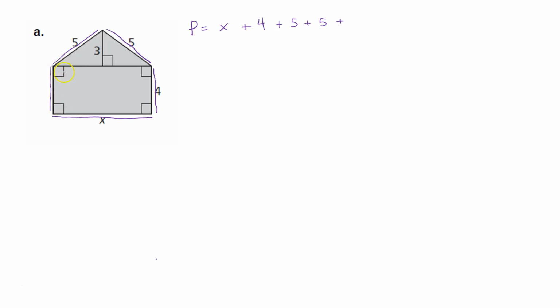But since we have 4 right angles here, we know that that's a rectangle, and rectangles have opposite sides that are the same length, or we call them congruent. So we know that this guy over here is also 4. So the perimeter of this figure is x plus, see there's 10 plus 8, 18.